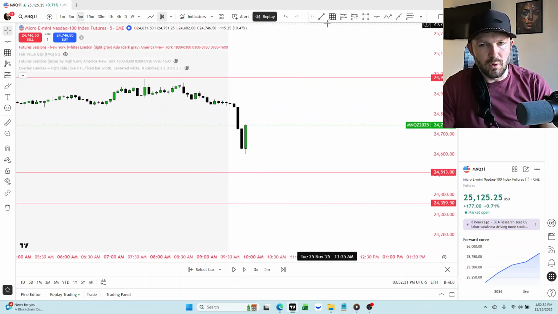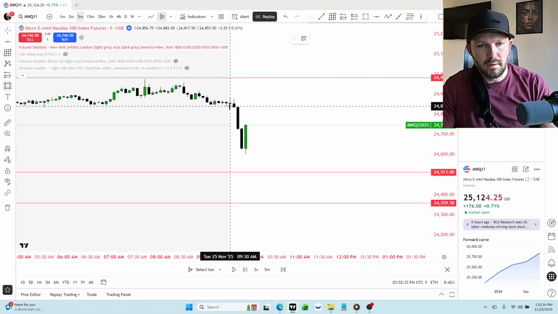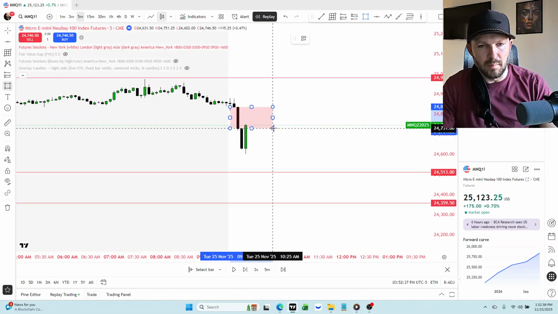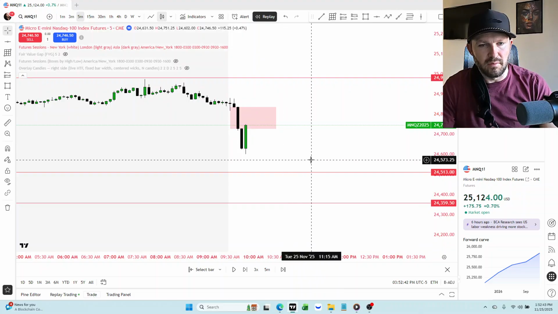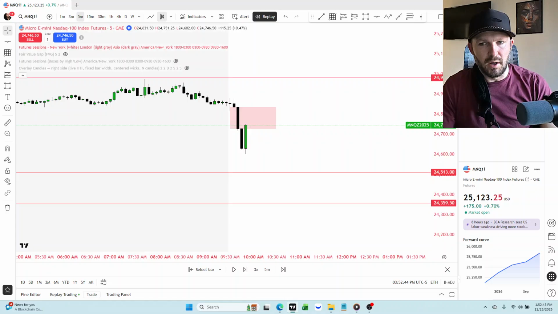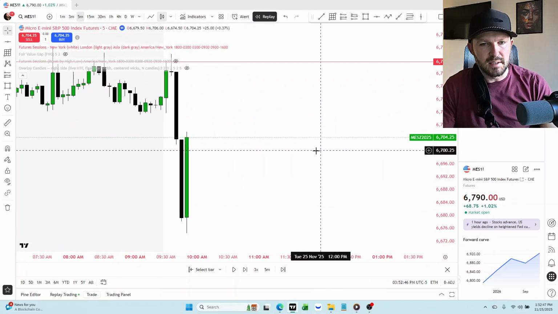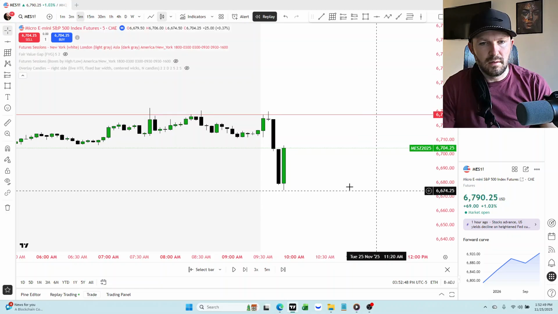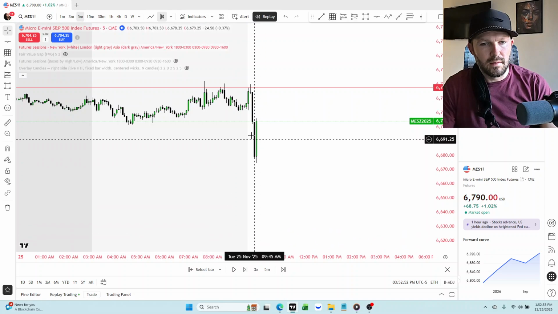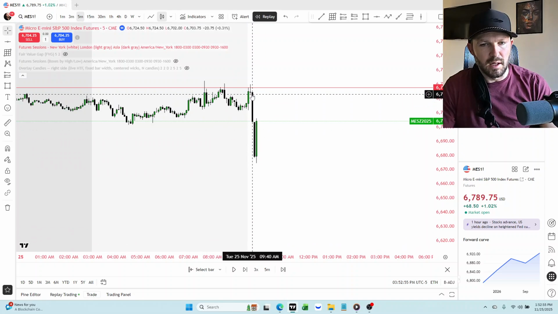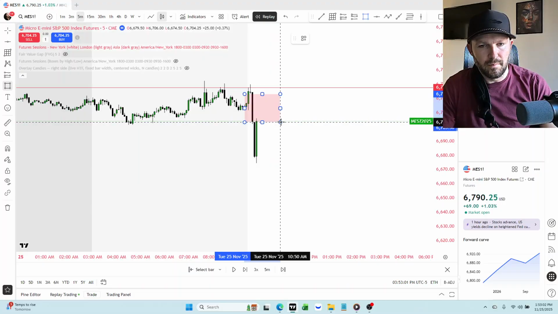So what I'm looking for here is I see we opened up in the morning and we dumped and we created this bearish 5-minute fair value gap. On MES, it looks like MES dumped as well, and it's now also trading back into this fair value gap.